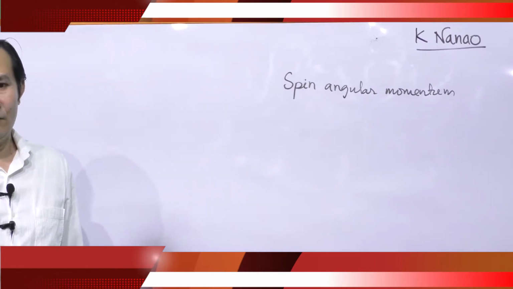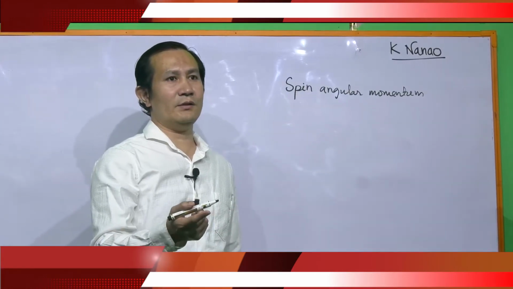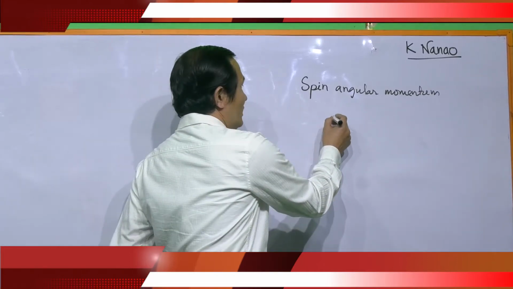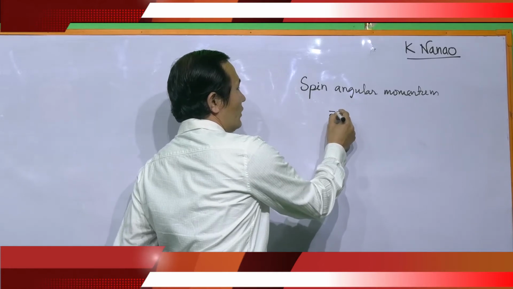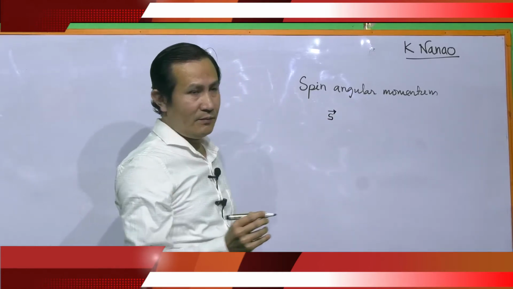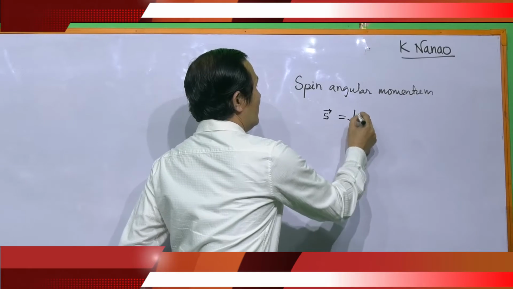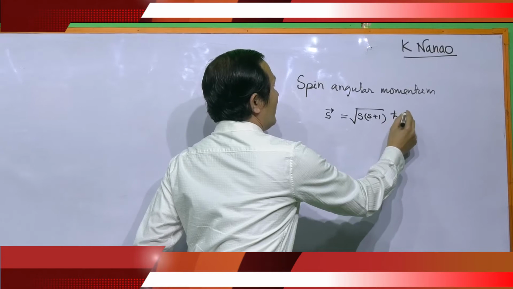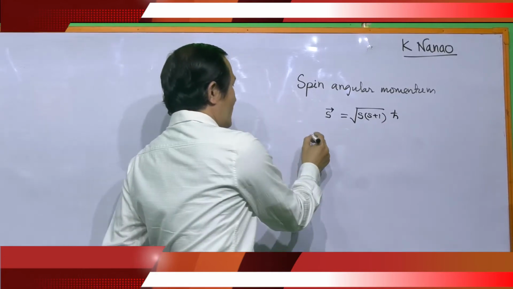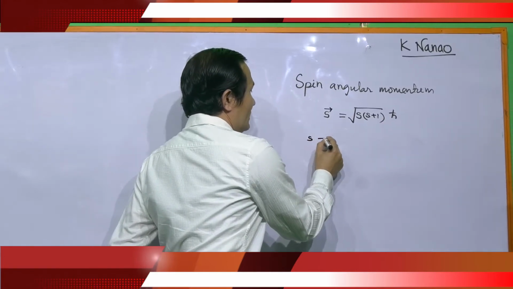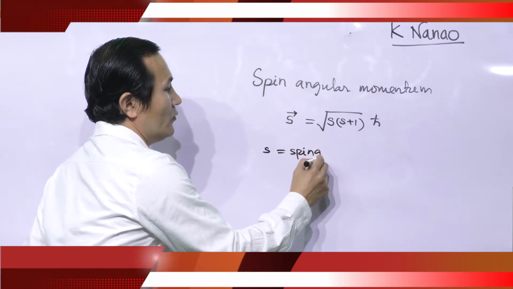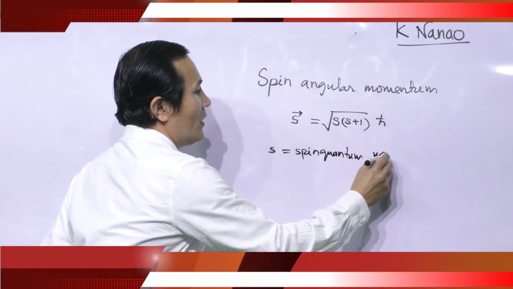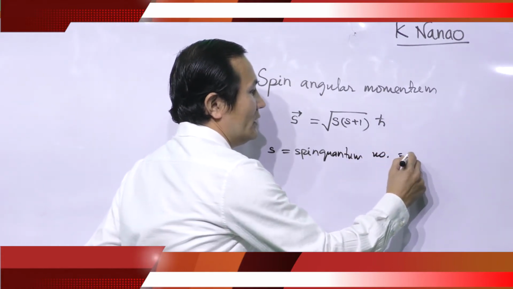Just like an electron has mass and charge, it has a spin angular momentum, which we usually denote by the vector s, and is given by the square root of s(s+1) times h-bar, where s is the spin quantum number, whose value is half.